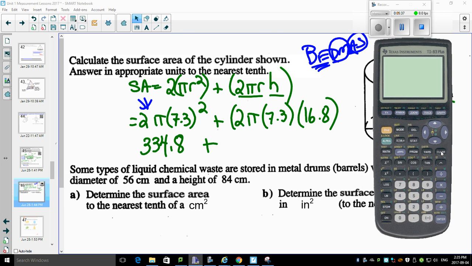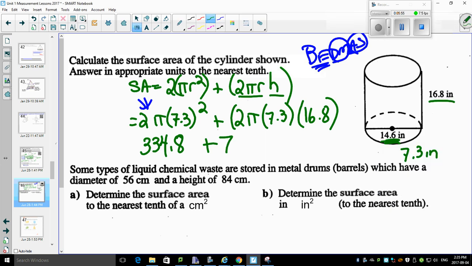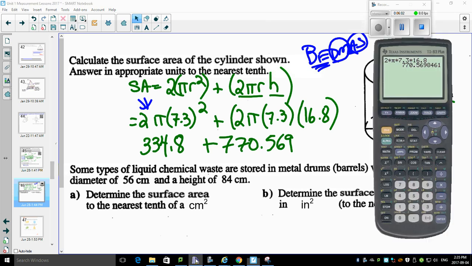There's no exponents to worry about here, just lots of brackets. So we'll just go 2 times our pi times 7.3 times 16.8 and hit enter. And we've got a huge 770.569. Holy smokes, 770.569.